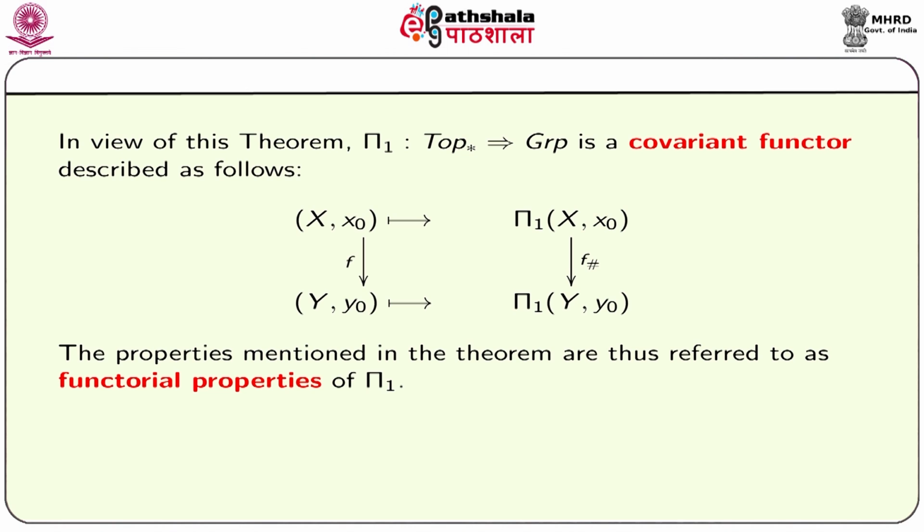So, we have a functorial correspondence pi 1 between the pointed topological spaces and the category of groups. Therefore, the properties mentioned in the last theorem are referred to as functorial properties of pi 1.